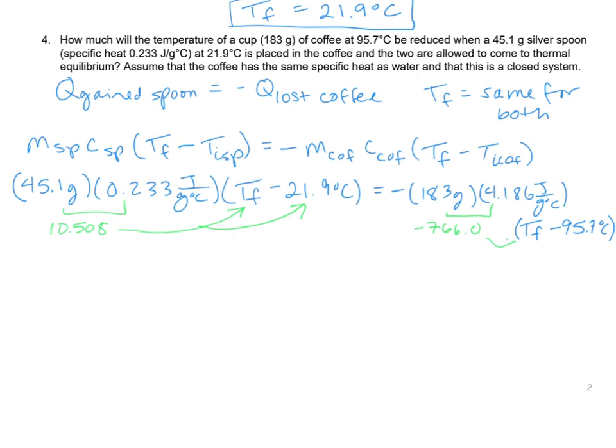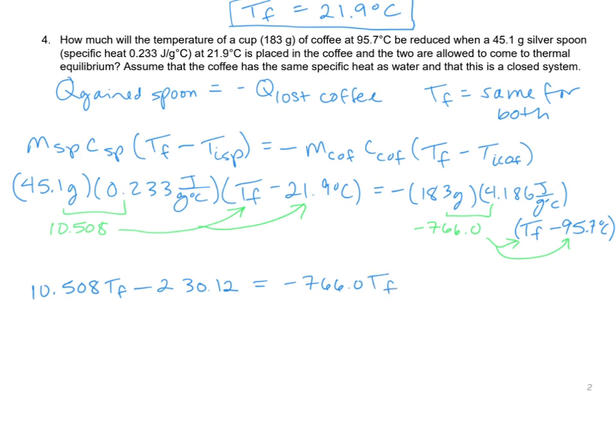And that will also be distributed across the parentheses. So we end up with 10.508 times TF. And then minus, because 10.508 times negative 21.9 is 230.12. And that equals negative 766.0 TF.